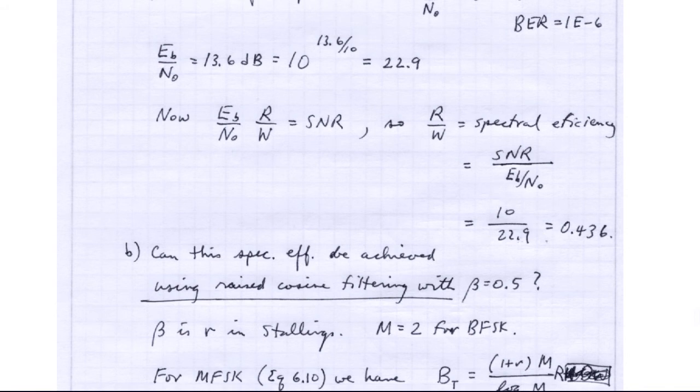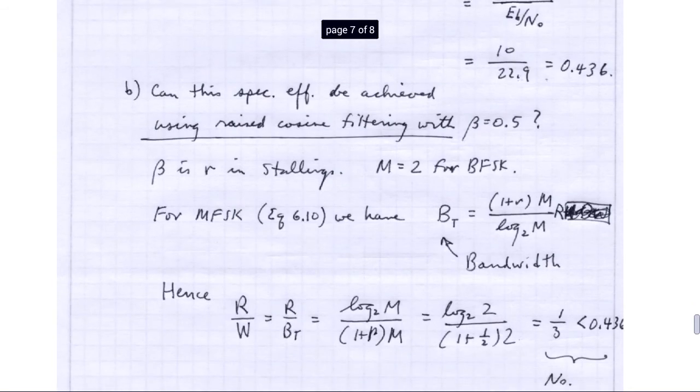In part B, it asks, can this spectral efficiency be achieved using raised cosine filtering with beta equals 0.5? Well, in the textbook, beta is notated as R. And for BFSK, we've got M equals 2. And so we go to equation 6.10 in the book, which is for MFSK, and we get that the bandwidth is equal to (1 plus R) times M over log 2 of M. And M is 2 here for BFSK.